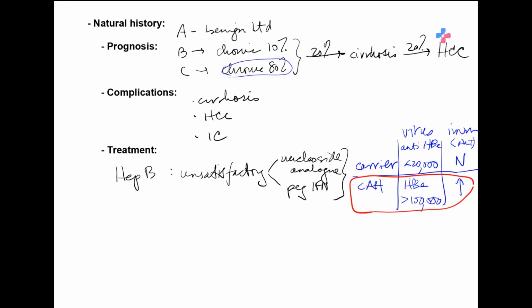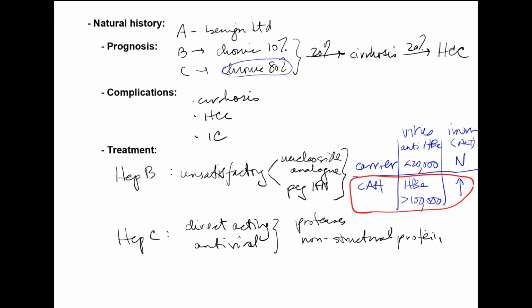We do have excellent treatments for hepatitis C, and these are due to the development of direct-acting antivirals. It's beyond the scope of our discussion here, but these are proteins that target the proteases, the non-structural proteins, and polymerase inhibitors.